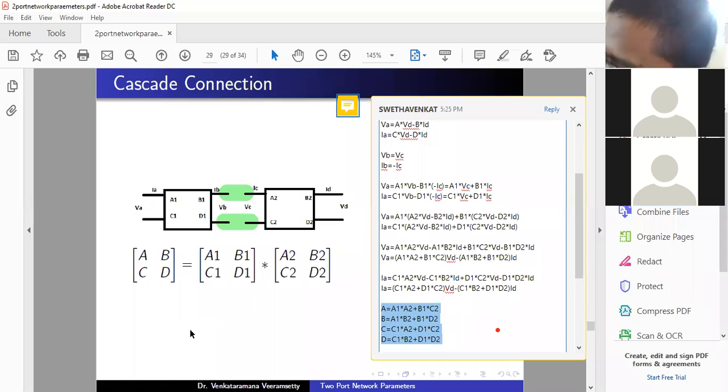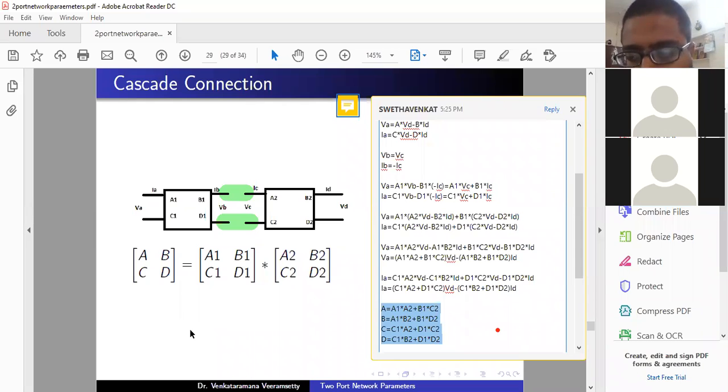Understood? Now tell me, please listen, suppose I have three two-port networks. We have only 1 minute. Even if you are unable to give the answer right now, at least try to analyze the problem and respond in tomorrow's class. I have three two-port networks, and for each I have the Z parameters.